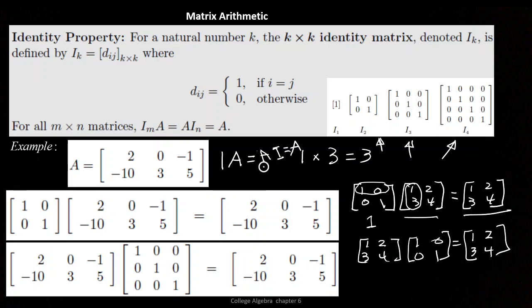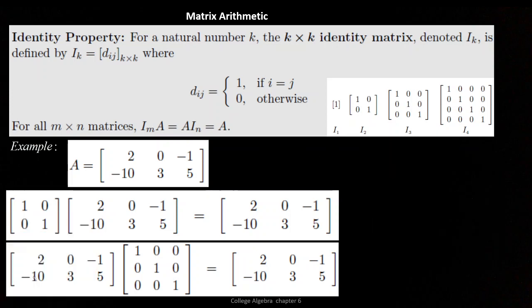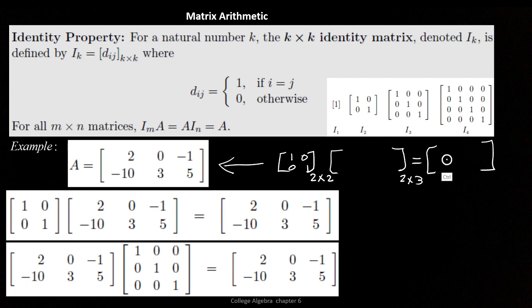Now, of course, this I is a square matrix. Here, my matrix was 2 by 2. But if my matrix is not 2 by 2, let's say it's 2 by 3, I can multiply it by a 2 by 2 I on the left, and you get the same thing.